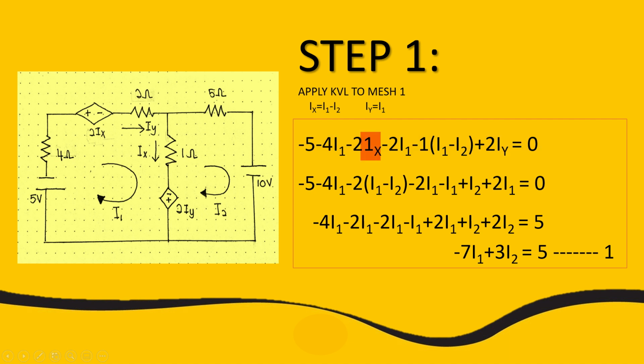And as for the Ix in the equation, we just substitute it with I1 minus I2. From this equation, we simplify it until we get this equation, and this will be our equation number 1 for mesh 1.